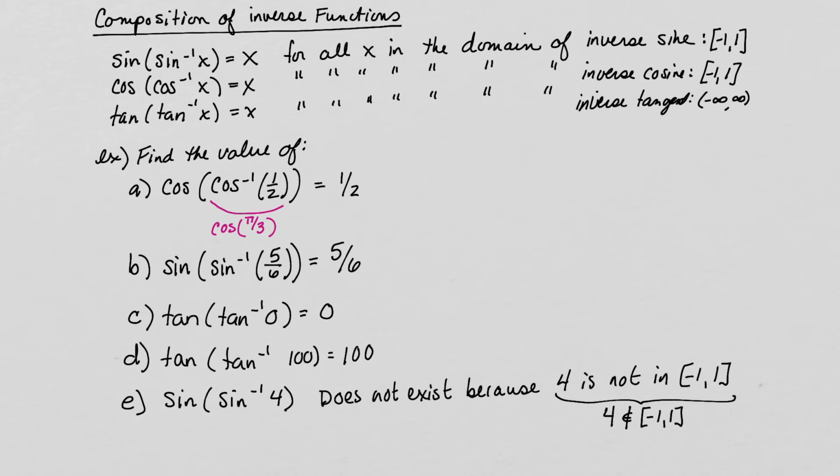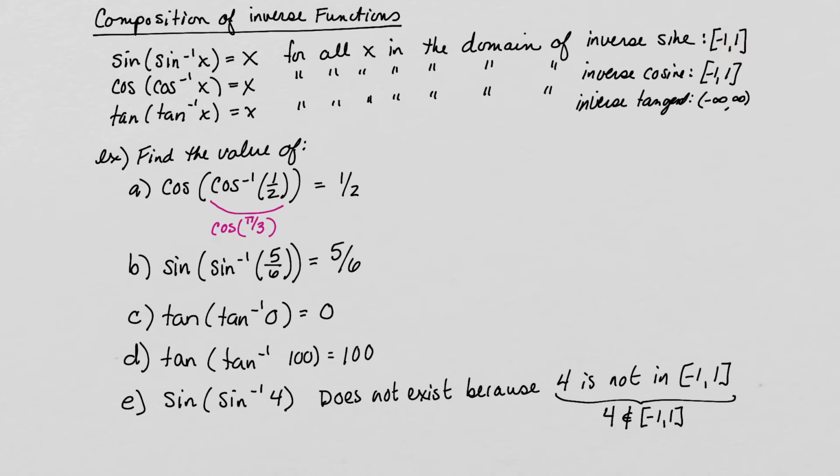All right. So somebody asked if I could re-explain B. Okay, so the thing that we want to notice in question B is, I have a sine and then I have the inverse sine. So these two things are going to cancel each other out, and I'm just going to be left with 5/6, provided 5/6 has to be some number between -1 and 1.